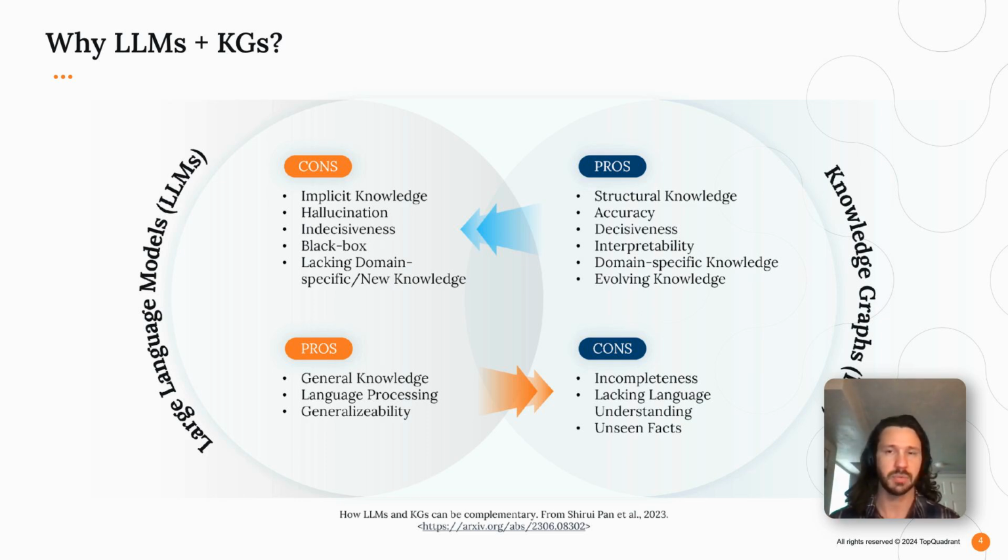They're completely understandable, interpretable, transparent collections of facts, but they can't answer human language questions the same way a large language model can. They don't hallucinate because they're facts, but you can't chat with them. And so the idea is if we can combine these two things, that usability and chat interface, but also structured facts, we can have the best of both worlds. GraphRAG, which we'll talk about, is one example.